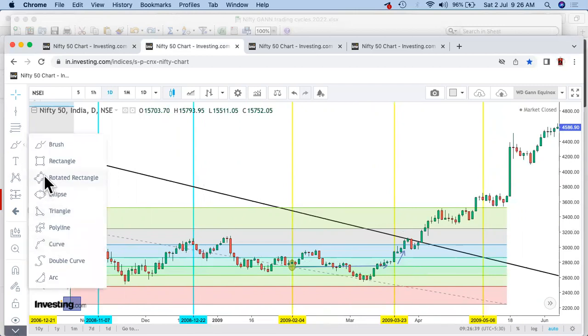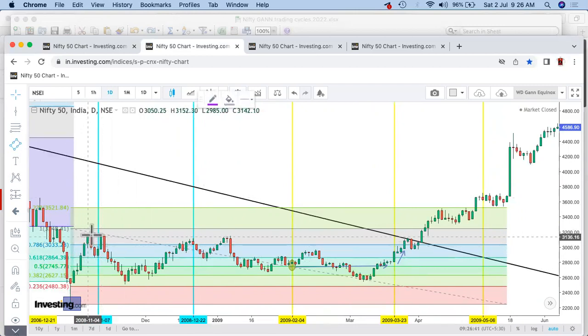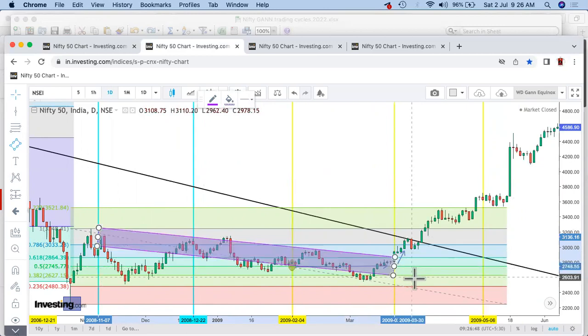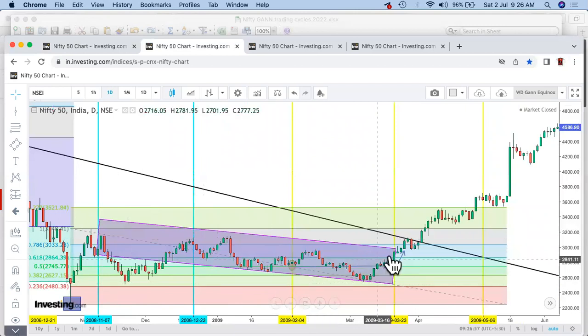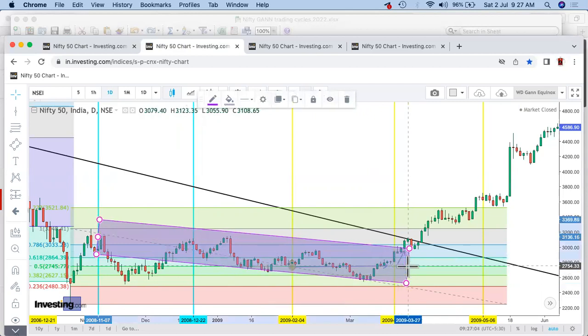Let's see in terms of triangles. If we consider this as one date, this as one date, and this as one date, this point is probably seeing most of our dates together.